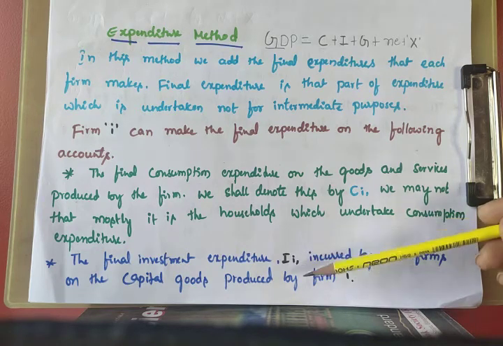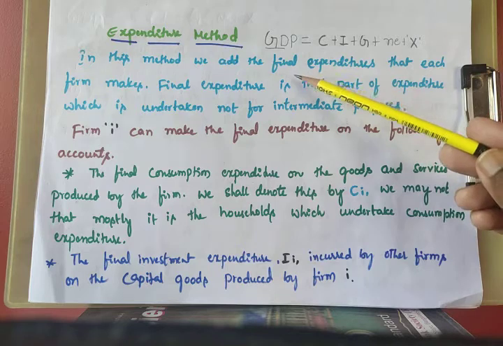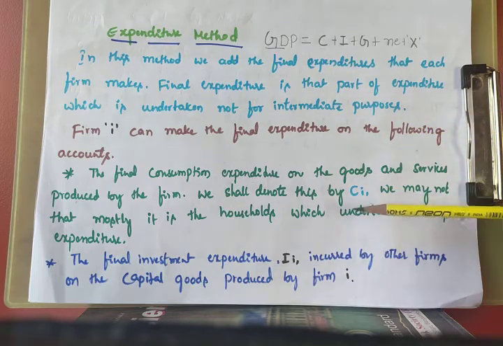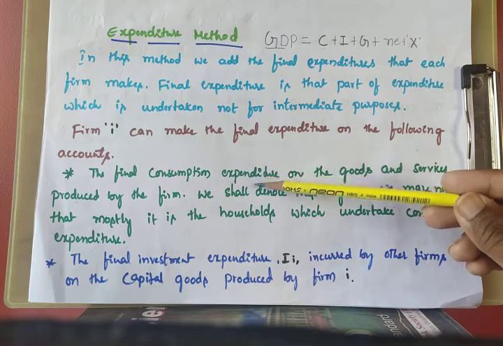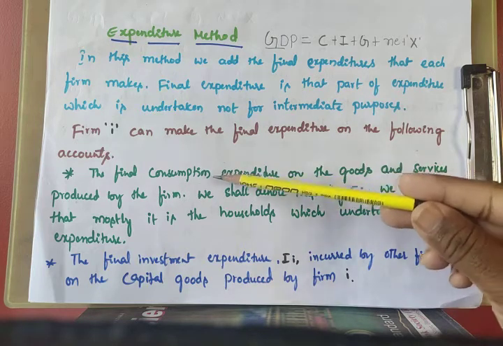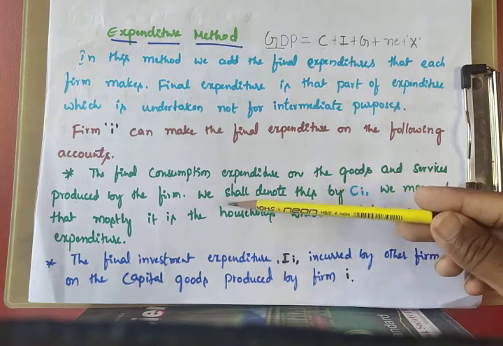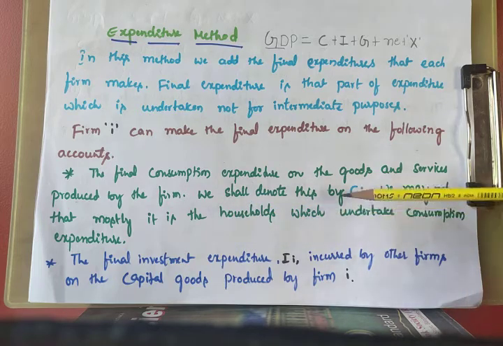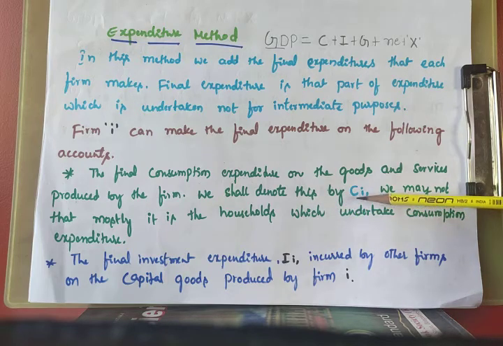Don't forget, we are discussing the expenditure method. So in this method, to calculate national income, we should add only final expenditure. So here, final expenditure done by, we have taken the example of firm I. The final consumption expenditure on the goods and services produced by the firm I, we denote by CI.